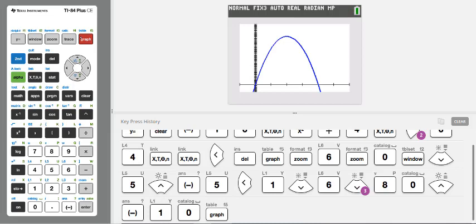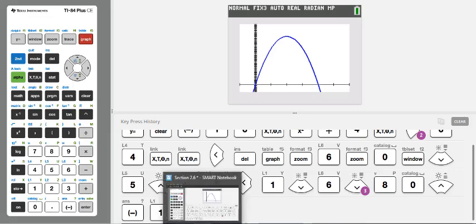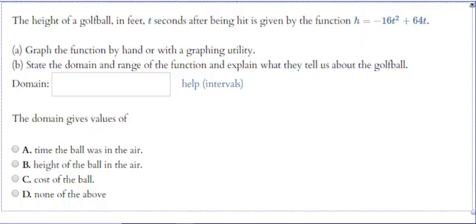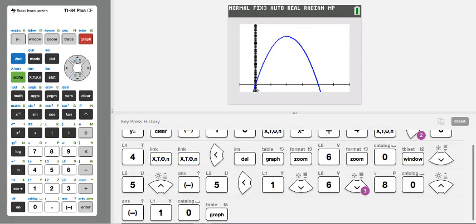Okay, now let's go back and look. State the domain and range. The inputs are seconds: how long is the ball in the air after you hit it? So we know that it crosses at 0, 0, right?